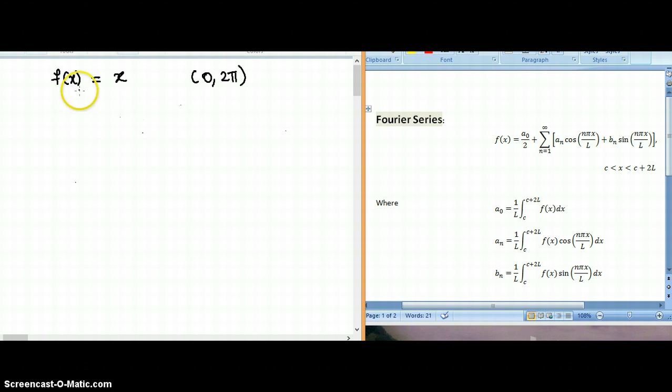So for our function f(x) equal to x defined in the interval 0 to 2π, we need to modify this formula by substituting the value of l. How will we get that? Now, what is the width of the interval 0 to 2π?